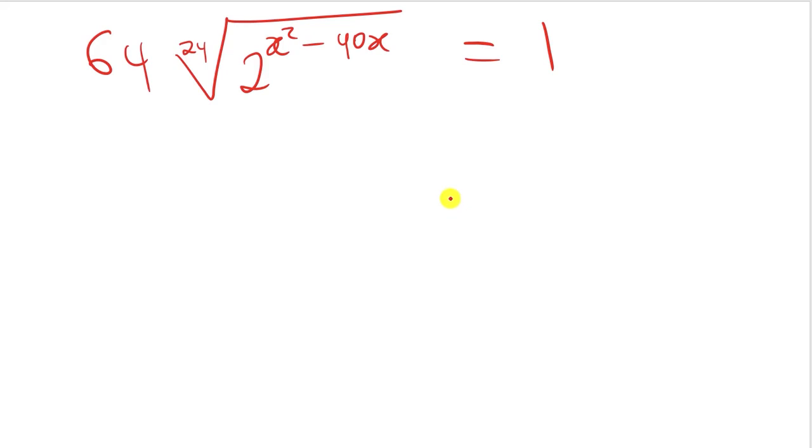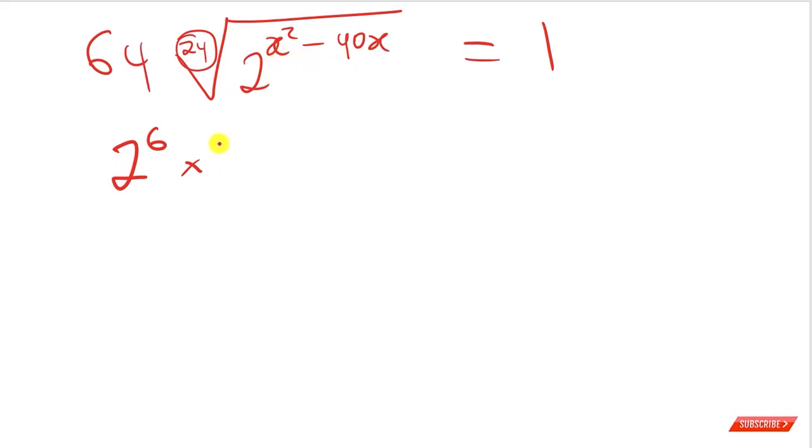If that is the case, then we have to try applying indices here. So the 64 that we are having there, we are going to change that to base 2. So we are going to have 2 exponent 6 for the 64 times the 24th root of 2 exponent x squared minus 40x.